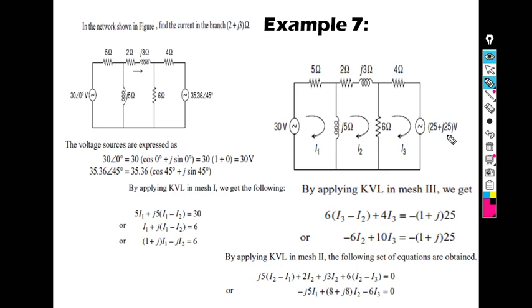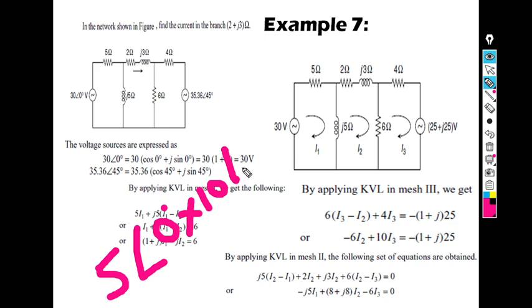Suppose I want to multiply two things, 5 angle 0 into 10 angle 45, right? So it is easy. In polar form, you can do multiplication easily, because 5 into 10 is 50, and 0 plus 45 is 45. So you get 50 angle 45 easily.